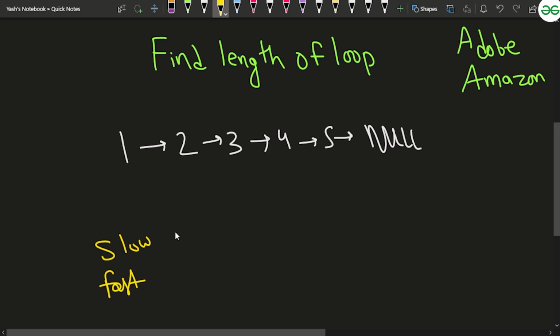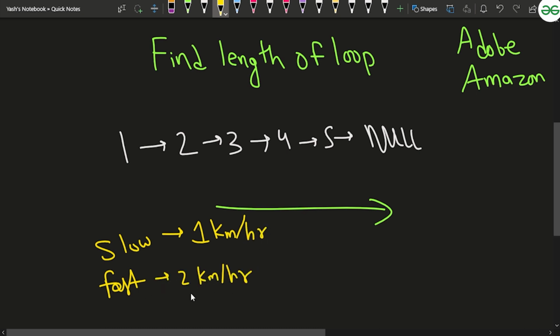If there is no loop, no circle, and there is a simple linear path, then if one person is traveling at the speed of 1 kilometer per hour and a second person is traveling at the speed of 2 kilometers per hour, these 2 people will never meet.